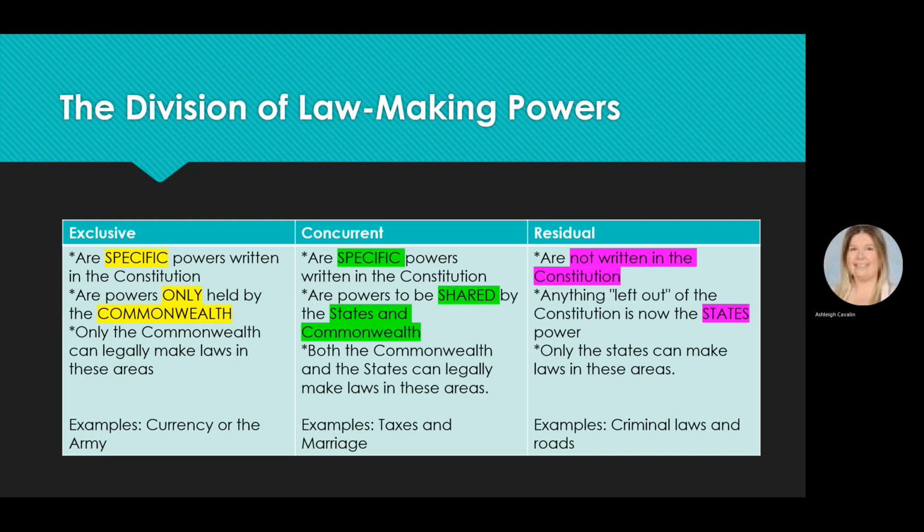We have exclusive powers. These are specific powers that are written into the Constitution as powers of the Commonwealth, and only the Commonwealth can legally make laws in these areas. You'll need to know an example, such as currency or an army.